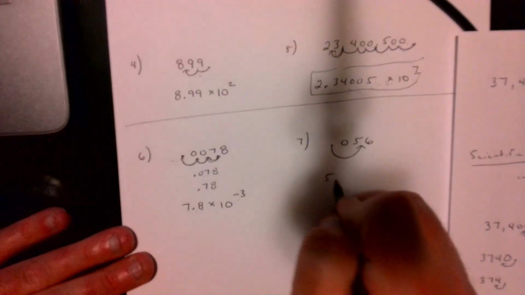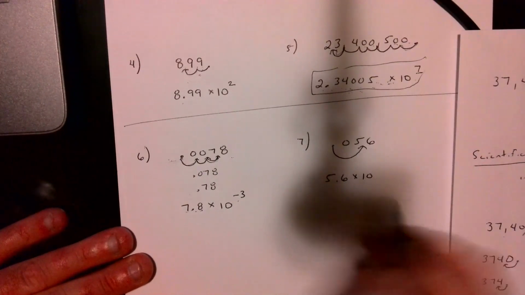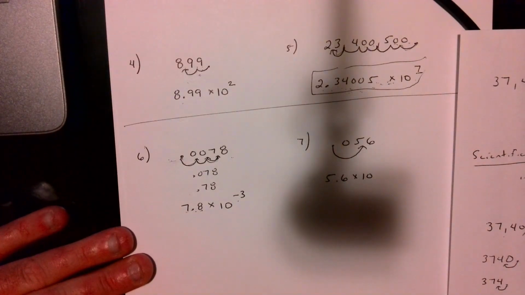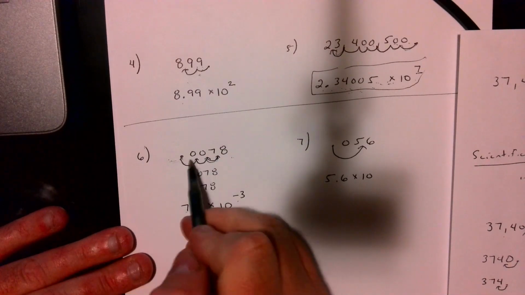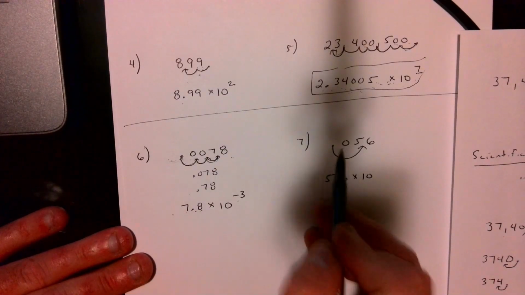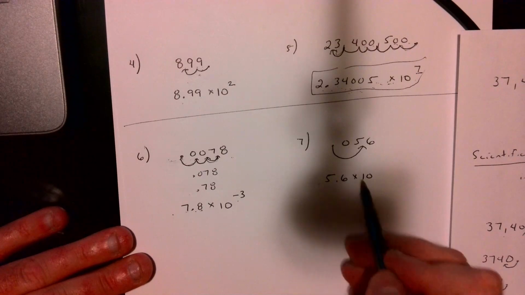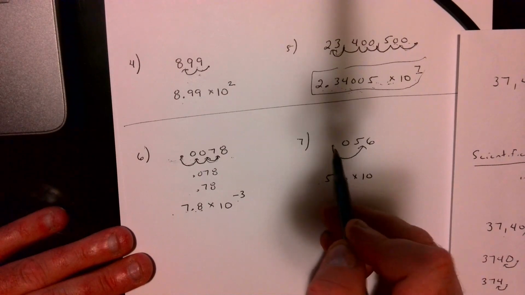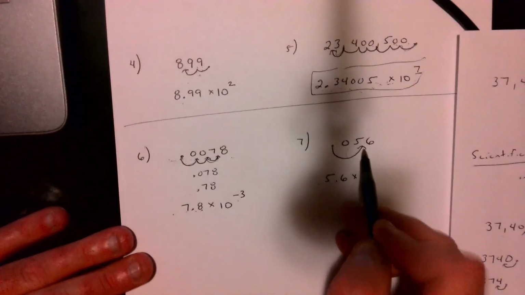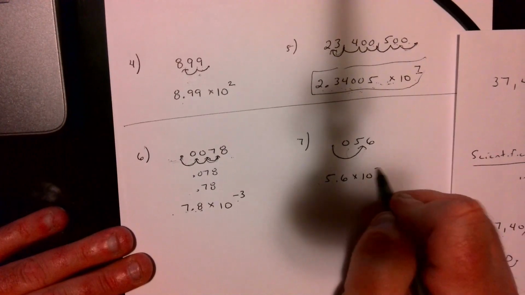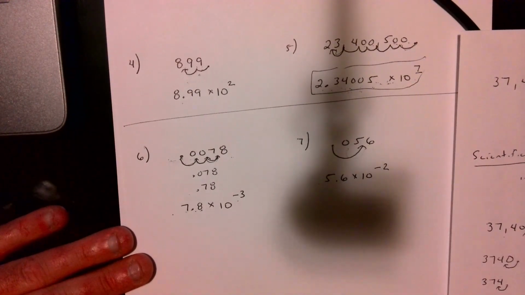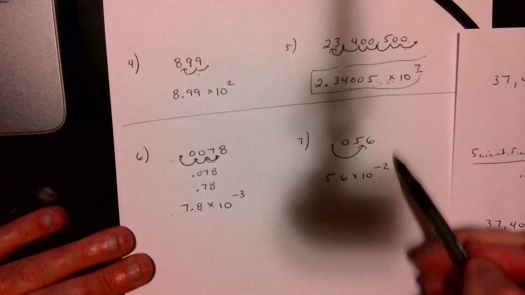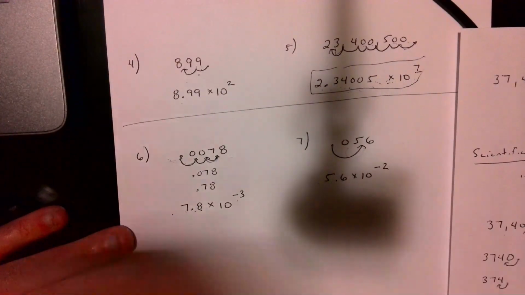So then we end up with 5.6 times 10 to some power. And notice I don't put the zeros in the front. I don't need those either. Okay. So how far did I move him? Well, 1, 2. What is it going to be, a positive 2 or a -2? Okay, so that's a big catch. You got to see the difference. One's a positive, one's a negative.